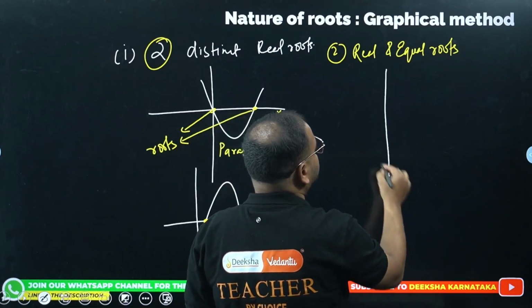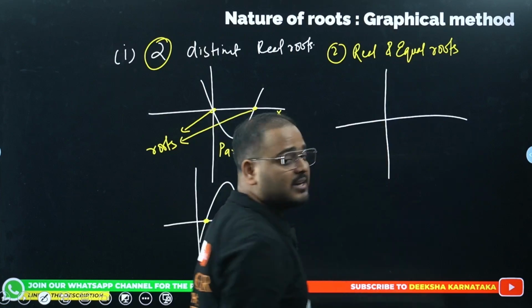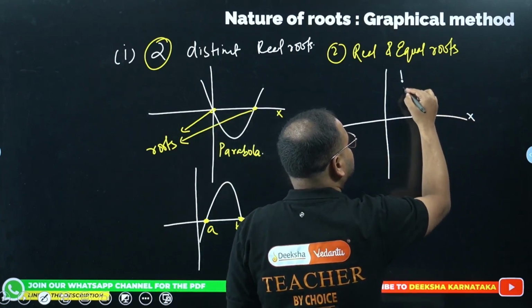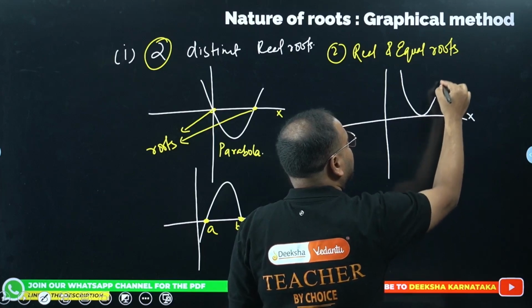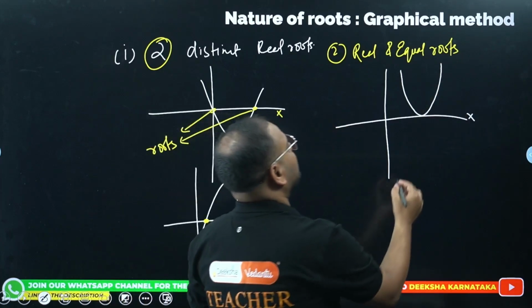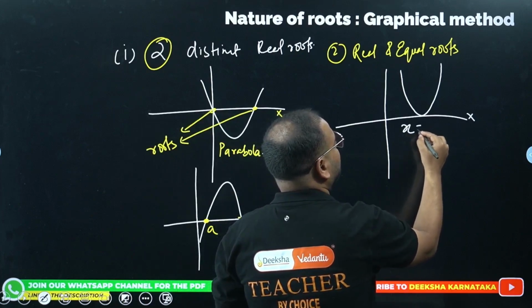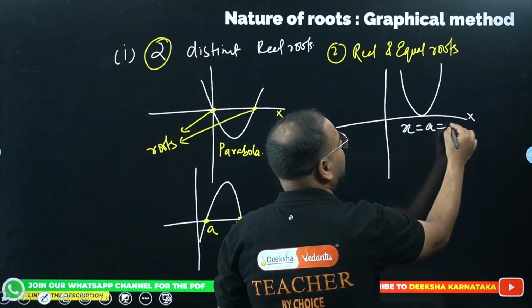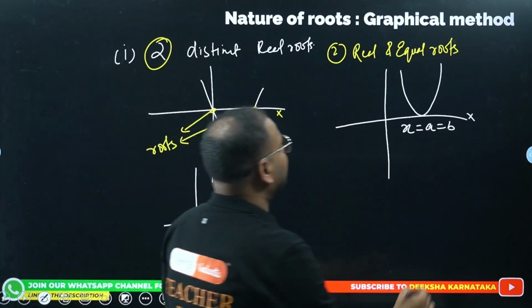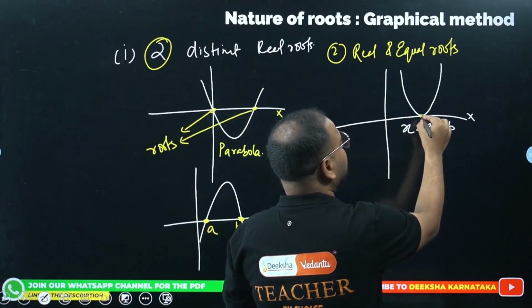When the graph touches the x-axis, this is my x-axis, and the graph is like this. So there is a contact, but a point contact. Means I can say the roots are x equals a equals b. So you can see here, both roots are lying at this same point.